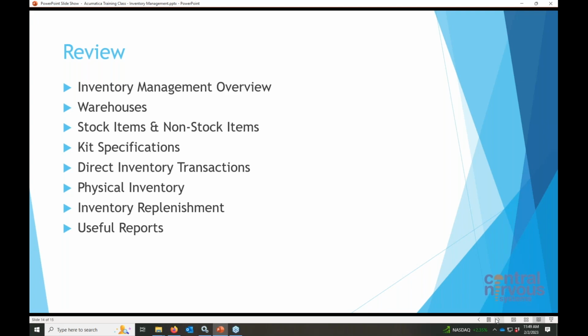We had a dive into stock items and non-stock items, picking those inventory item classes or warehouse defaults for stock items, as well as identifying what type of non-stock items we're creating and the unit of measure conversions for those. We looked at kit specifications or BOM recipes, the 5 different direct inventory transactions. We had a chat about physical inventory and inventory replenishment, and we looked at some useful reports.